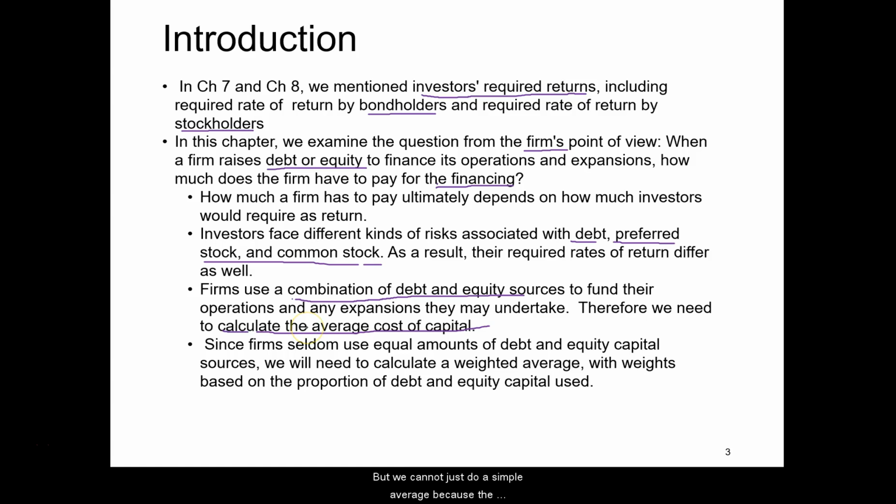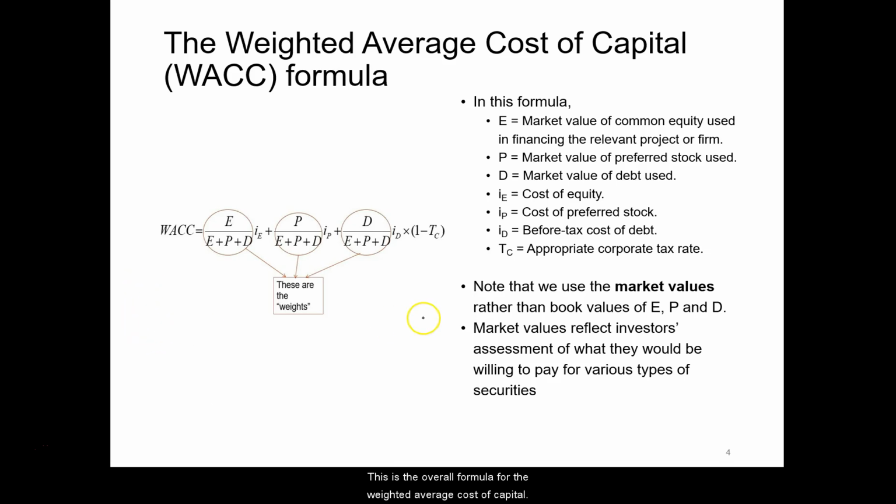But we cannot just do a simple average because the amounts of debt and equity capital usually would be different in the company. So that's why we have to calculate a weighted average, and the weights will be based on the proportion of debt and equity capital used. This is the overall formula for the weighted average cost of capital.